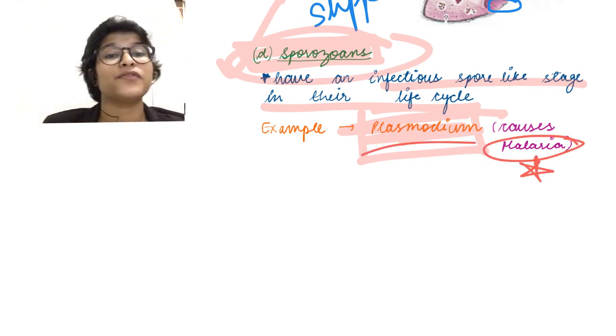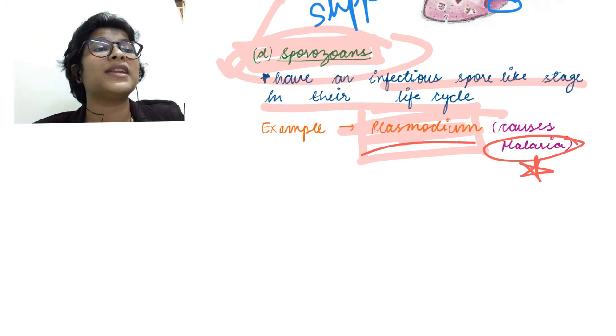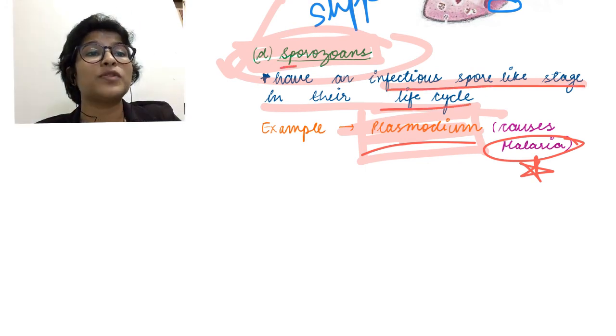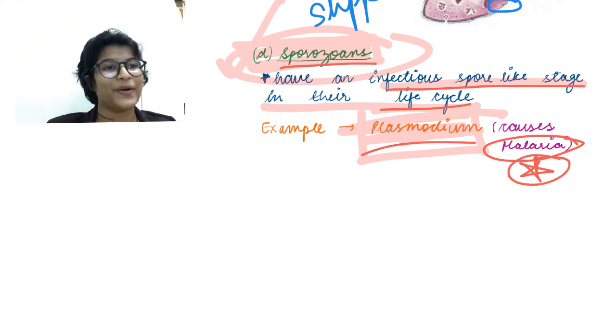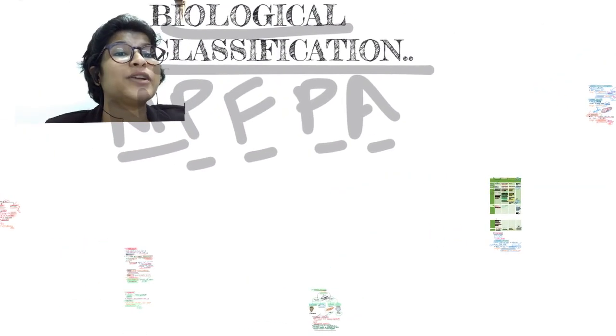Okay, it has 4 kinds of plasmodiums, but you don't need to remember it at this level. Just remember that Plasmodium produces an infectious spore-like stage in the life cycle and therefore is a part of sporozoans and it causes malaria. Okay, so hence guys we have finally covered kingdom Protista also.